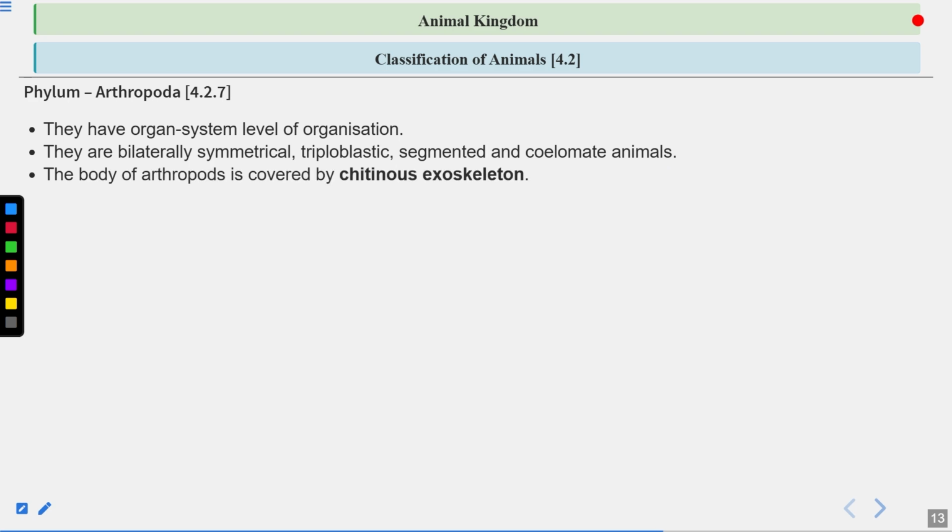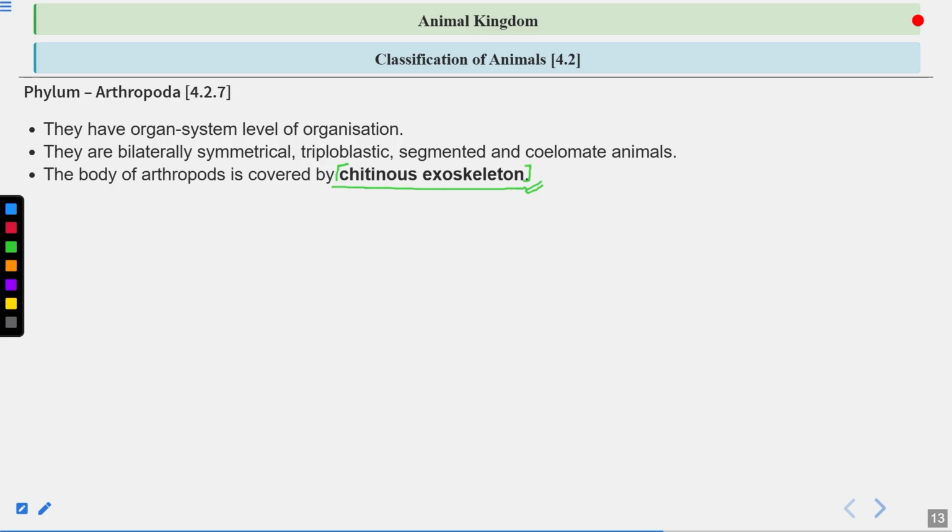The body of arthropods is covered by the chitinous exoskeleton. Very, very important feature. Chitinous exoskeleton. What is chitin? Chitin is a type of polysaccharide, which means it is a type of carbohydrate. And we have seen that cellulose makes the cell wall.